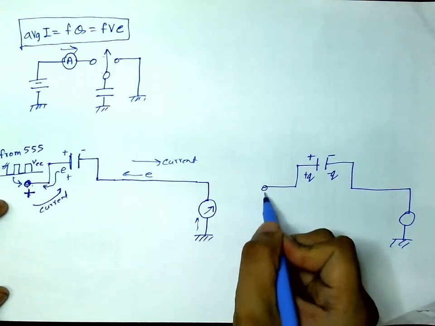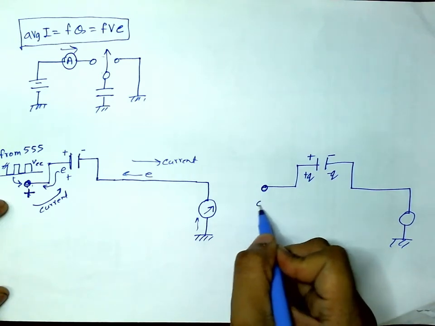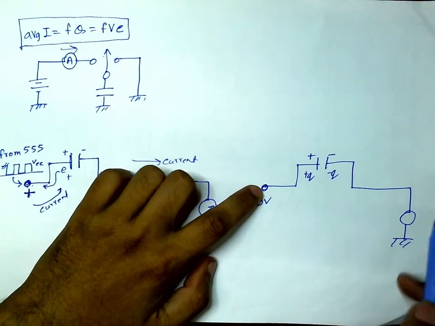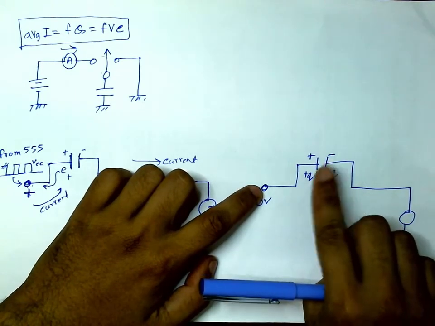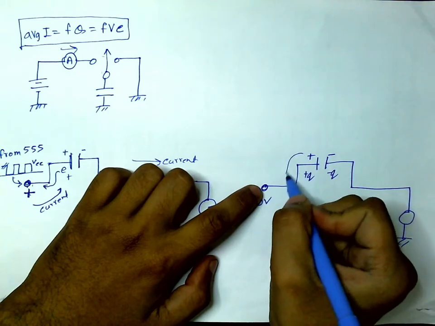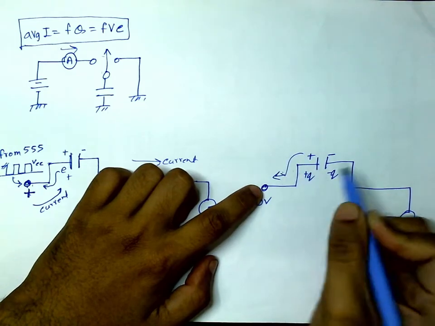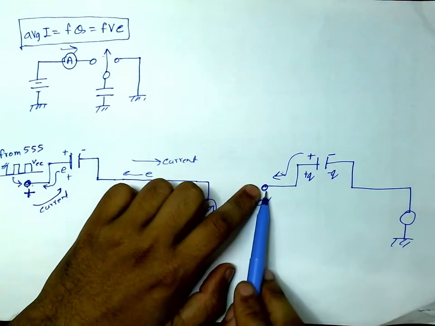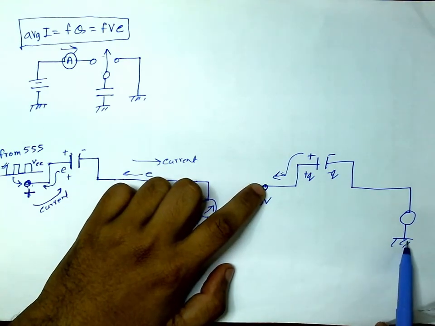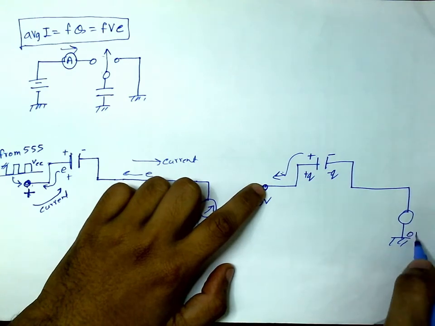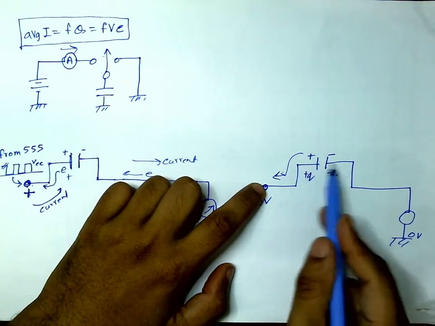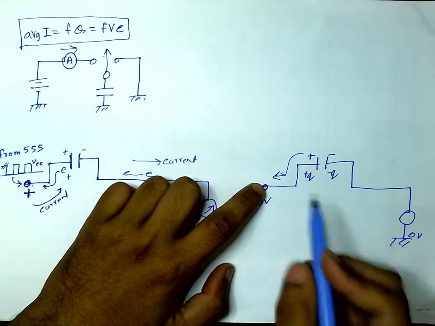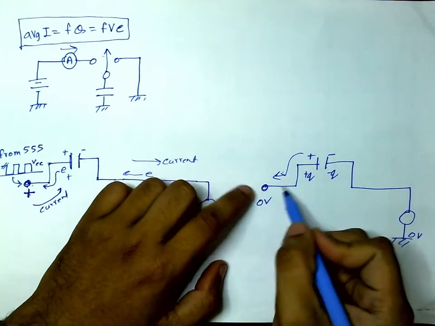Now this point goes to 0 volt. But this is already charged, so then this charge must get away, because otherwise KVL is not balanced. I mean, this is at 0 volt, this is at 0 volt always. How can I have this potential difference of V here? So this must immediately discharge.